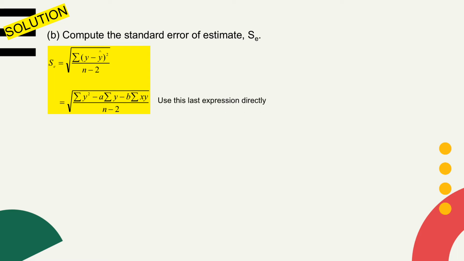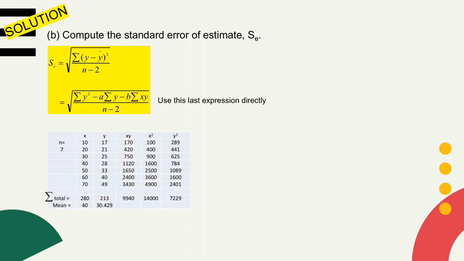These values can be obtained from the extended table that we have created before. By substituting the related values of all the terms needed in the formula, you will get the value of SE equal to 2.433. So that answers the second question of this problem.